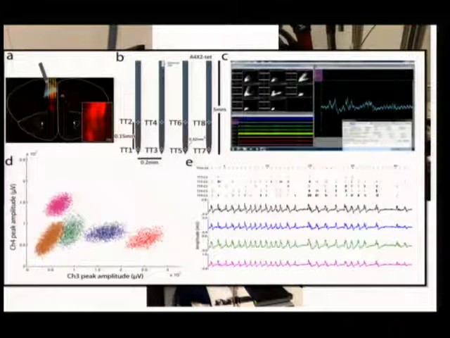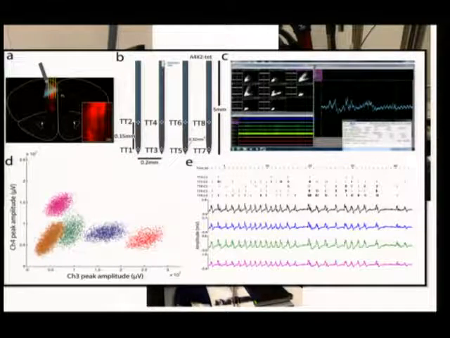We keep the animal on a heat pad to keep the temperature constant. We used silicon probes with 4 shanks, 2 tetrodes per shank, so this makes 32 channels, right? We put the silicon probes in the prefrontal cortex and the fiber at an angle.